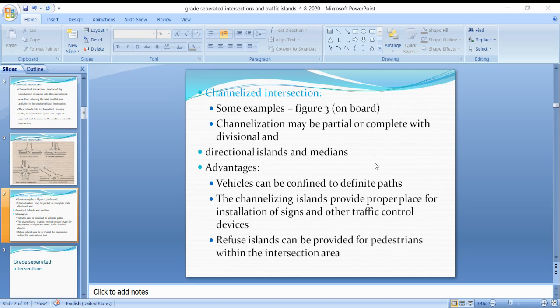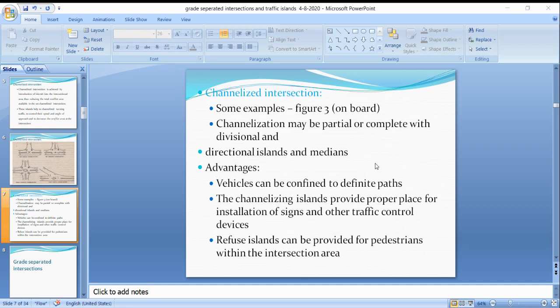By keeping the islands, we are placing traffic signs so that vehicles make a good turn.